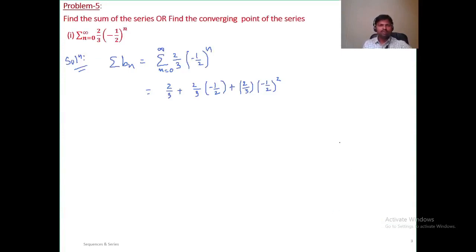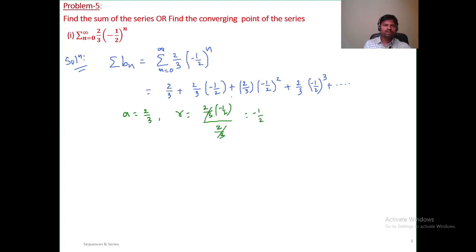So for this problem, let me write the terms, then I will verify. So 2/3, minus 1 second, power 3, plus, and so on. Now what is the first term? A is 2/3, and what is r? Are you getting the same ratio? Minus 1 by 2 upon 2/3: 2/3 is out, you will get minus 1 by 2.